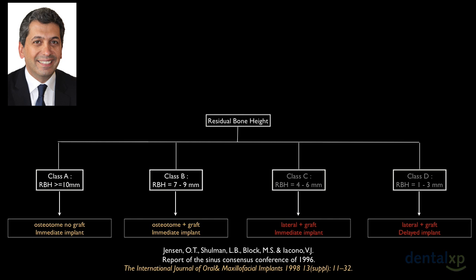Whenever we had 4 to 6 millimeters of residual bone, implants were placed. And whenever we had 1 to 3 millimeters of residual bone, delayed implant placement was done. So we will focus at the beginning of this webinar on this part of the indications, which is lateral sinus grafting.